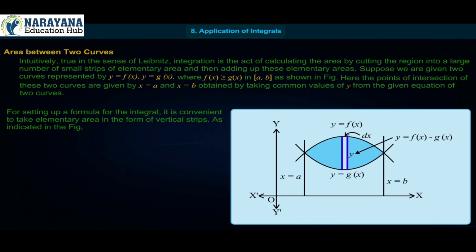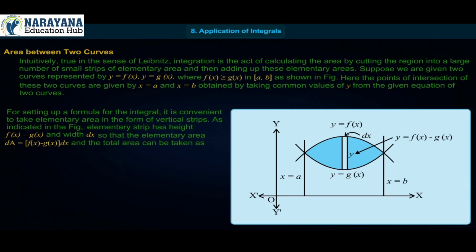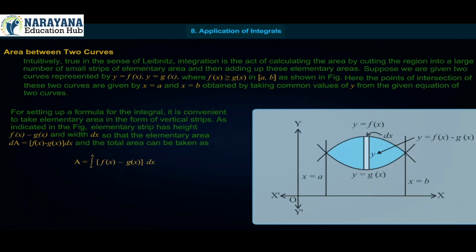As indicated in the figure, elementary strip has height f of x minus g of x and width dx, so that the elementary area dA is equal to f of x minus g of x into dx, and the total area can be taken as A is equal to integration a to b f of x minus g of x into dx.